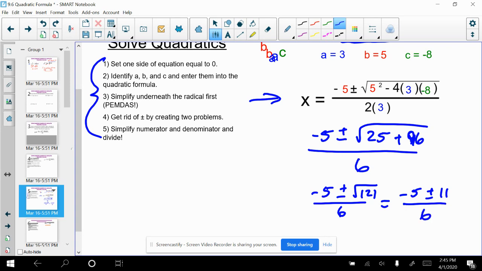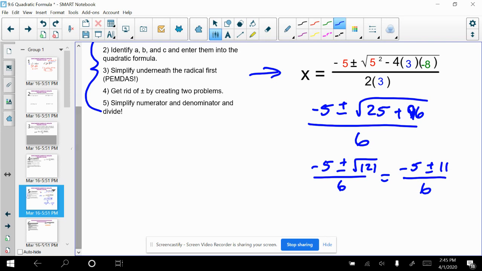Now it says to get rid of the plus or minus by creating two different problems. What I mean by that is we're going to have one problem that says -5 plus 11 over 6, and one problem that says -5 minus 11 over 6.